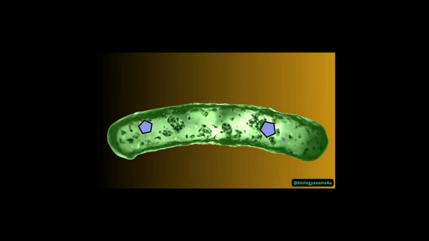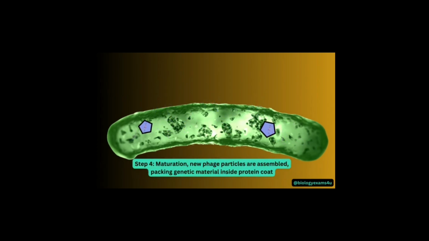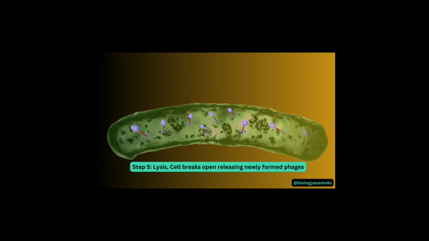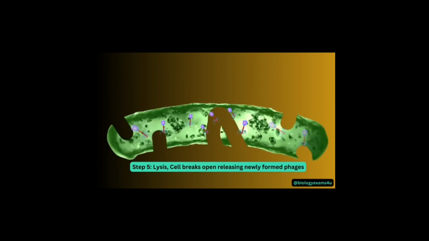In the cytoplasm of the bacterial cell, the genome replication of the bacteriophage begins and the protein is synthesized and its capsid is formed. After a certain period of time, the bacterial cell dies. Bacteriophage viruses are released.